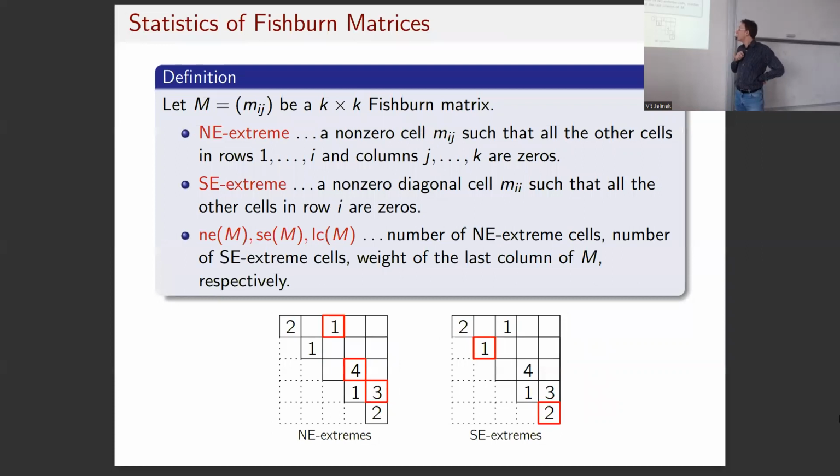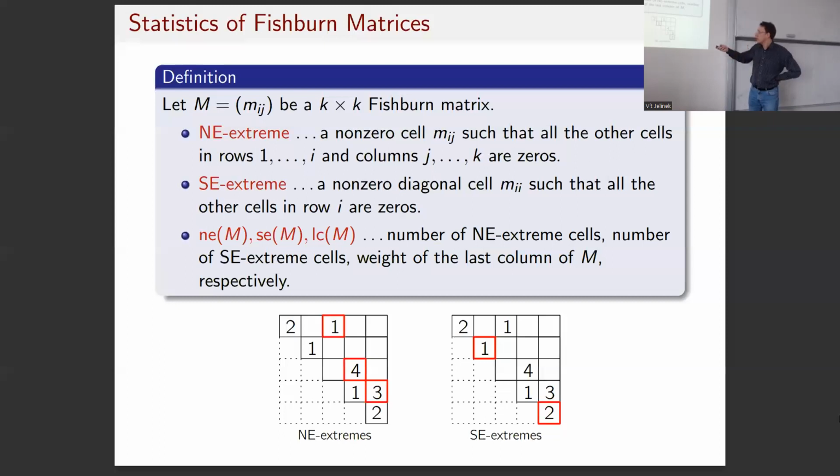And I'll be looking at three statistics on Fishburn matrices, namely the number of northeast extremes, the number of southeast extremes, and the weight of the last column. So in this matrix here, I have 3 northeast extremes, 2 southeast extremes, and the weight of the last column is 5, 3 plus 2.